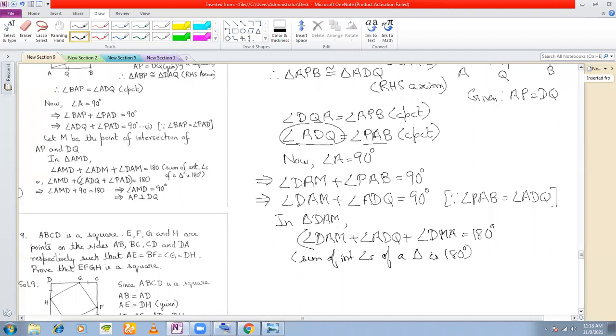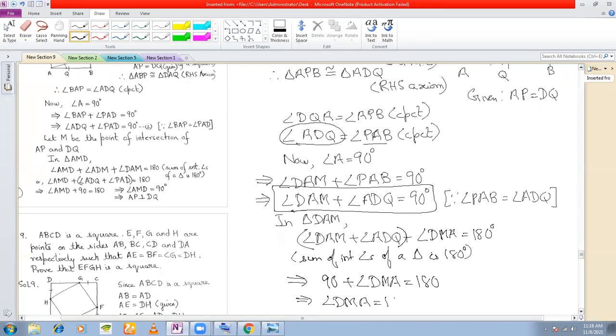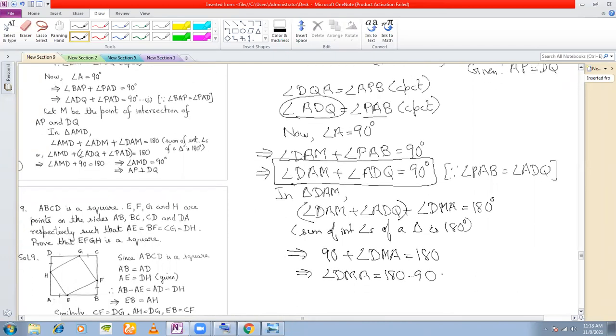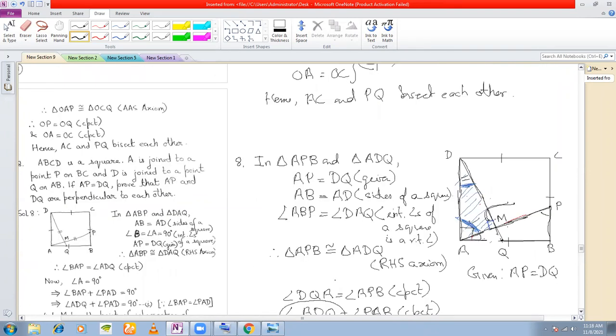Now, what is the sum of these two angles we have got here? 90 degree. So 90 plus angle DMA is equal to 180. That means angle DMA is 180 minus 90, which is equal to 90.